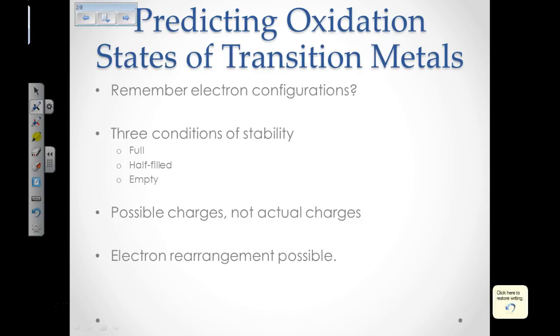Let's go back here though. What we know is that ions form when certain electron configurations are stable.